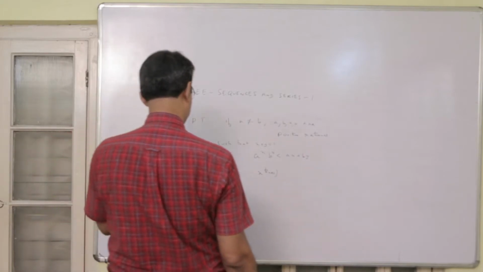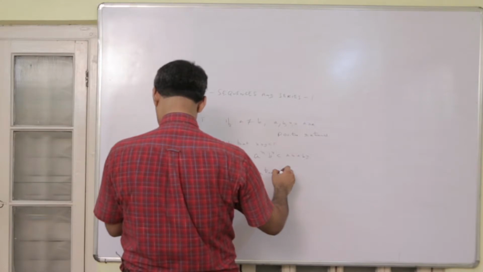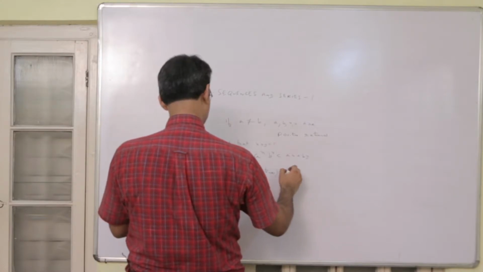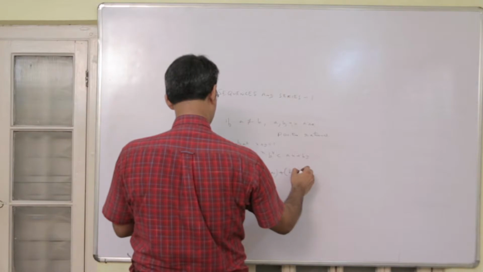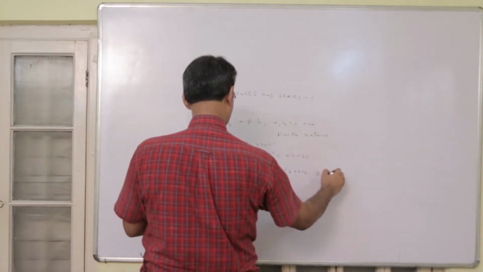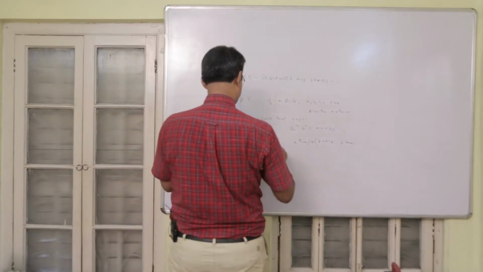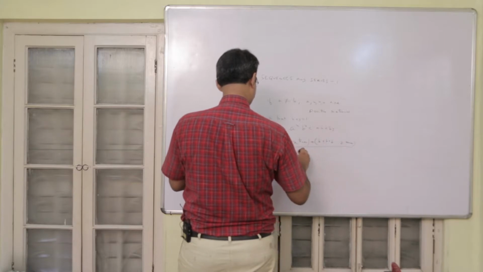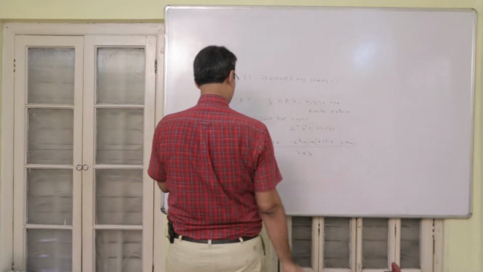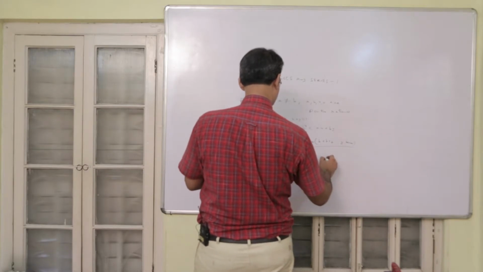Suppose you write A X times and B Y times and divide this by X plus Y, so you will get arithmetic mean.